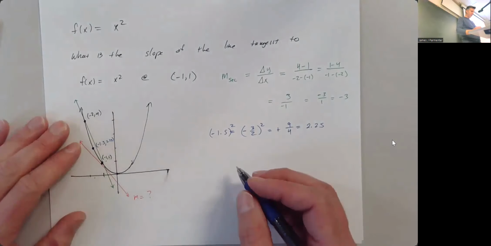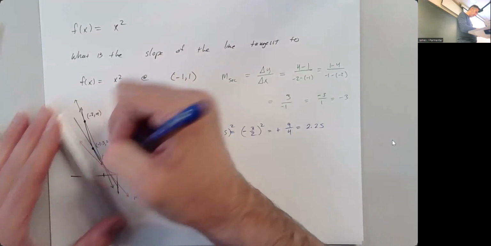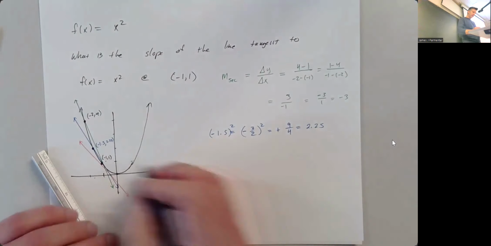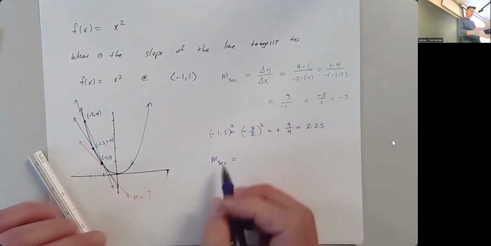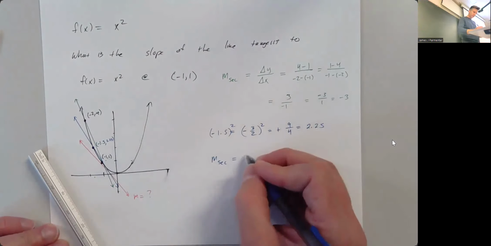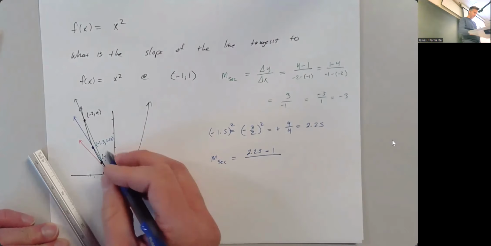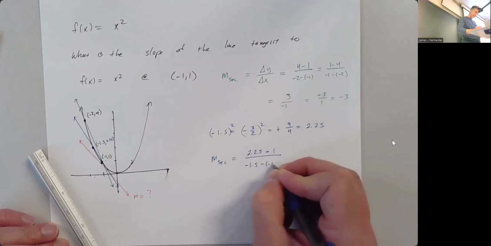So let's find the slope of this new secant line, which is closer to the slope of the tangent line. And again, my picture's starting to get a little bit bonkers here. So I want to find that slope of my blue secant line. It's going to be, let's see, now the difference in the y's. So 2.25 minus 1 over the difference in the x's, which is negative 1.5 minus negative 1.